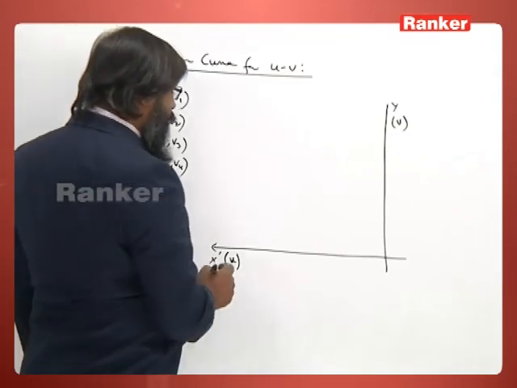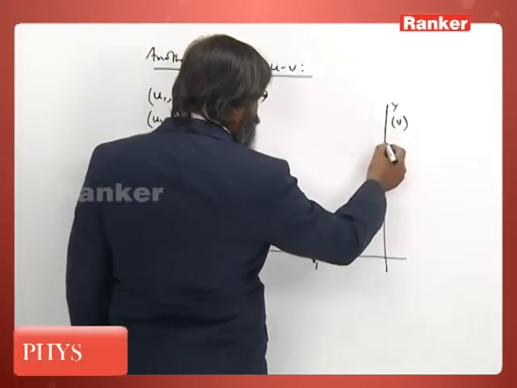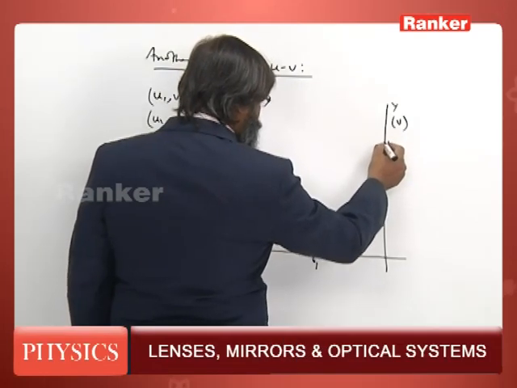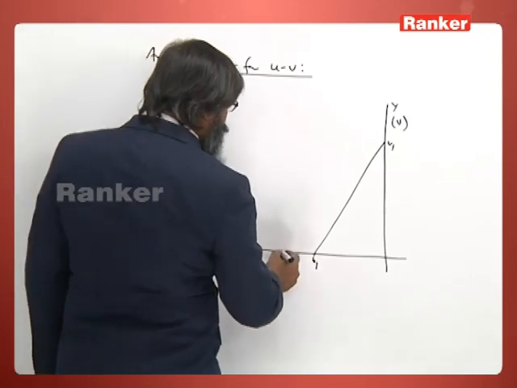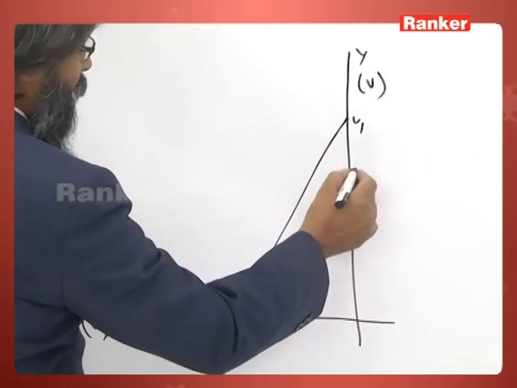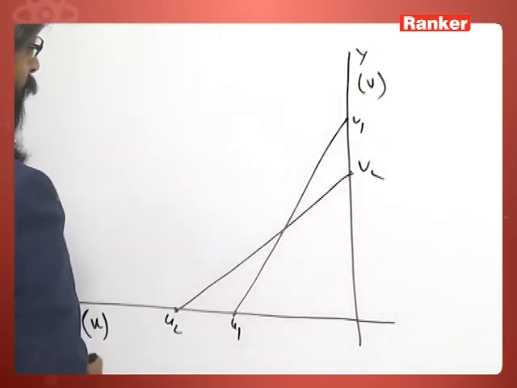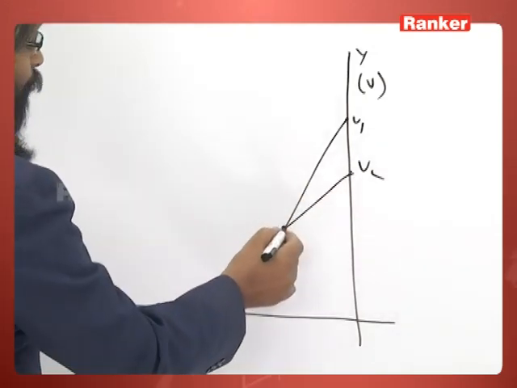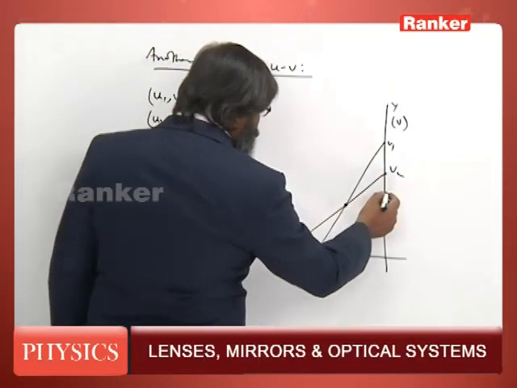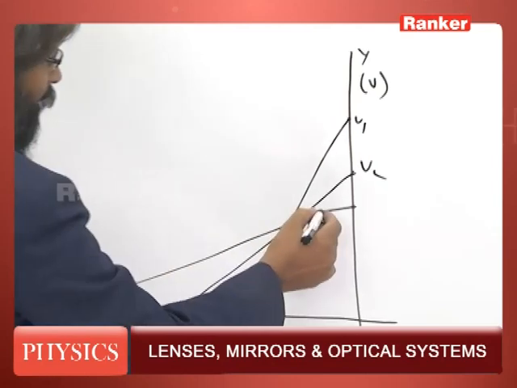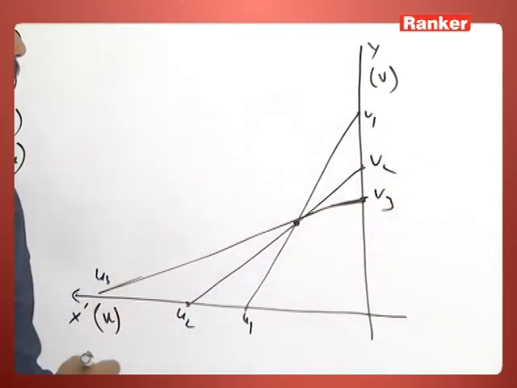So we will take up u1 first, then I get v1, so I will join these two. Then take u2, I will get v2, then I will join these two. So I get a point of intersection, and if we take another ordered pair, it will be v3 and u3, and all will be like that.